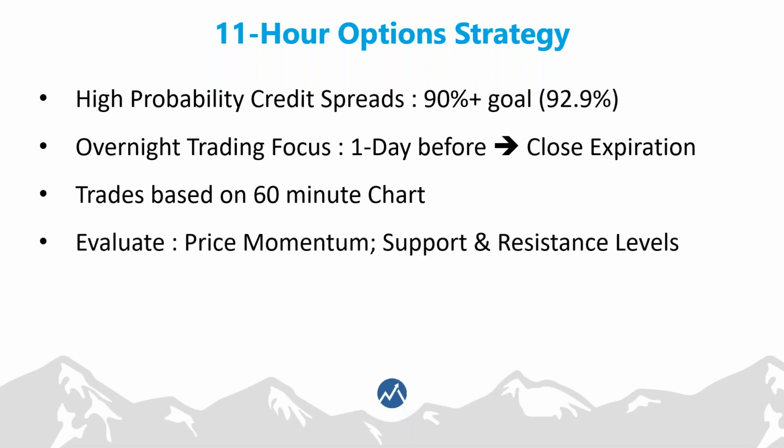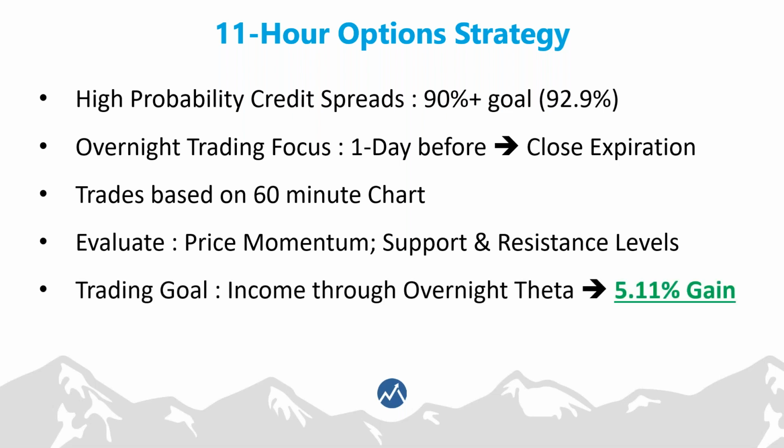I know a lot of you use a daily chart, but we trade these on the 60-minute chart, and it's very important that we do it on that time frame. We evaluate the quality of the trade and its parameters based on price momentum and therefore direction, and on where various support and resistance levels are positioned, to help us increase the probability of success of our trades.